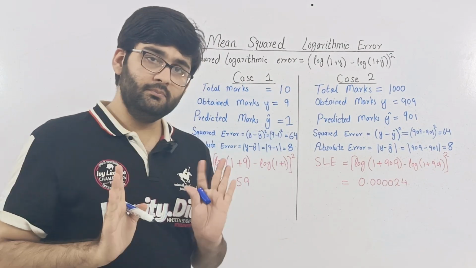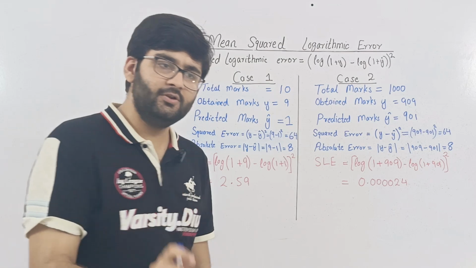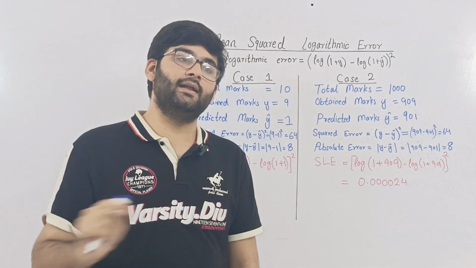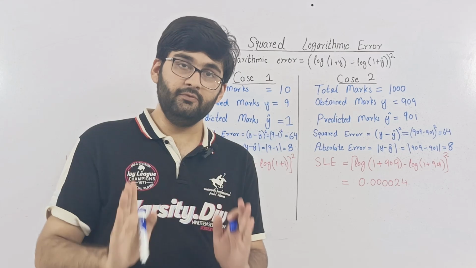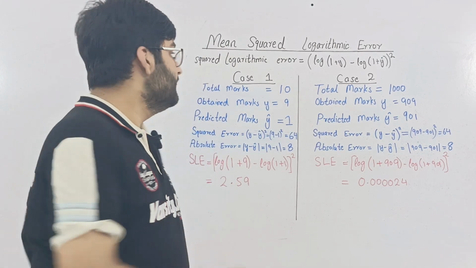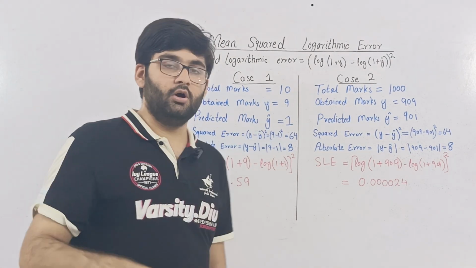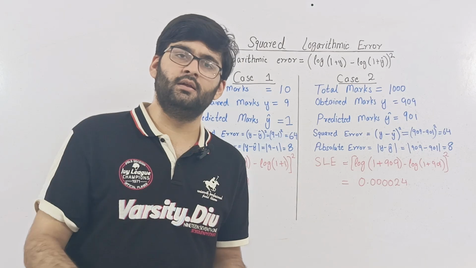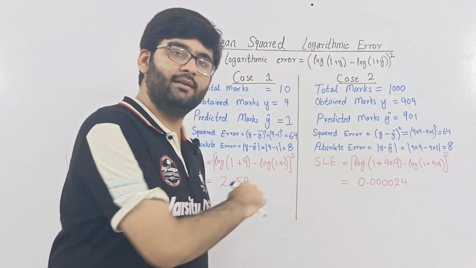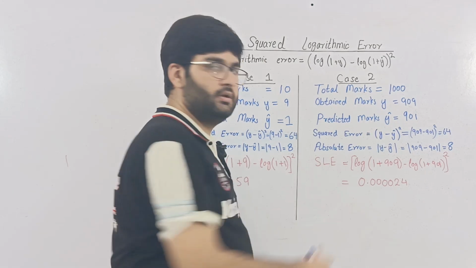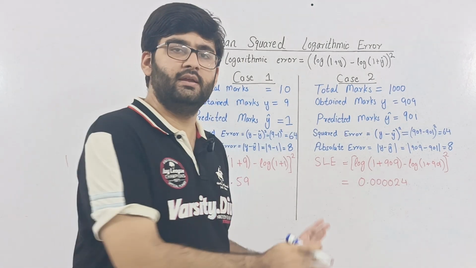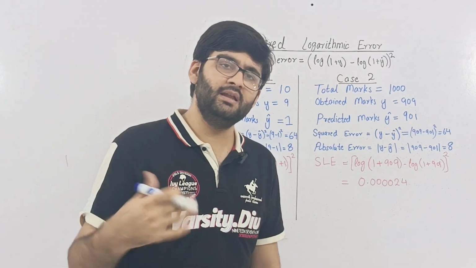So in both the cases, the absolute error and the squared error is the same, whereas what we want is that because in the first case the model did not perform well, the error should have been greater, and in the second case the model performed very well, it is close to being accurate, so the error should be minimal.